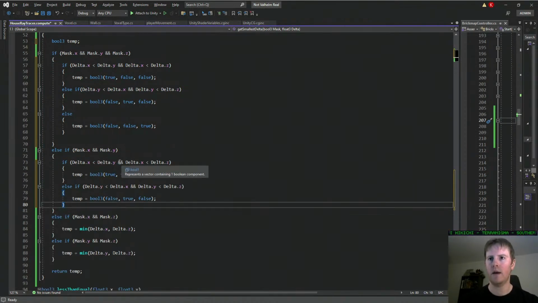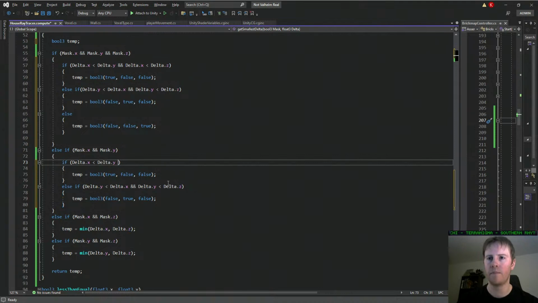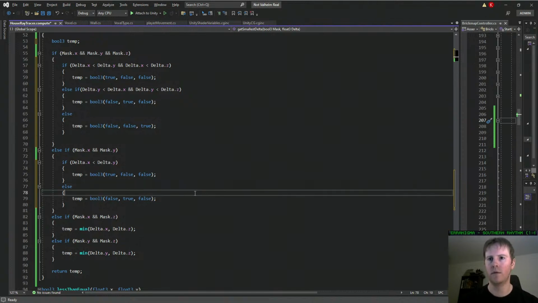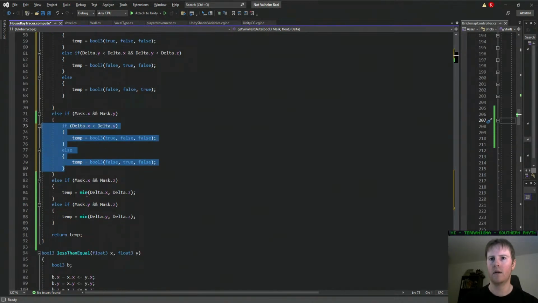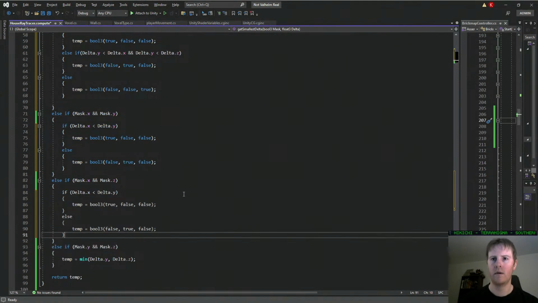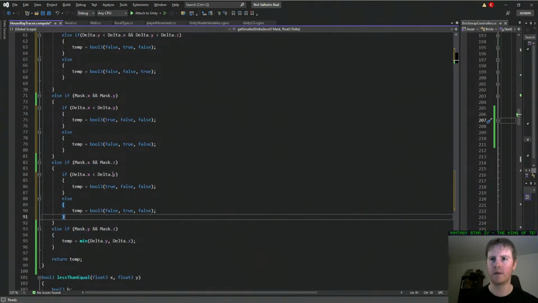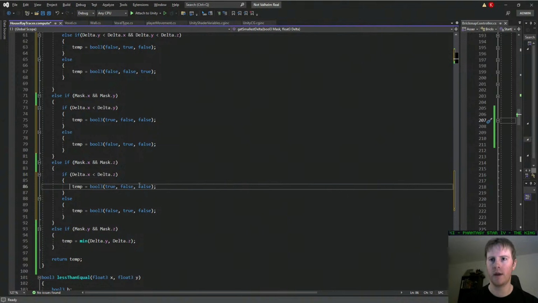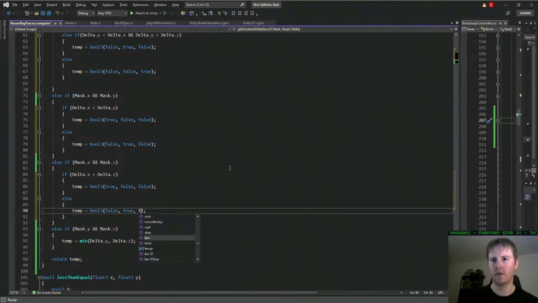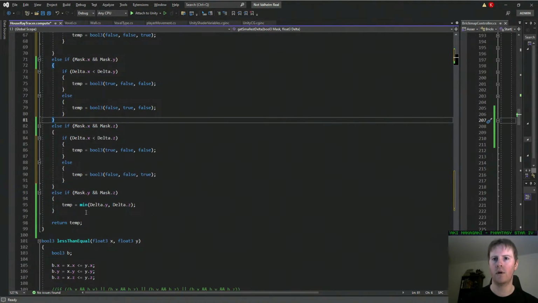If delta.x is less than delta.y, then true, else true, like that. And here, if x is less than z, then true, else true there, and false there. I think I've already done this though, and it didn't work.